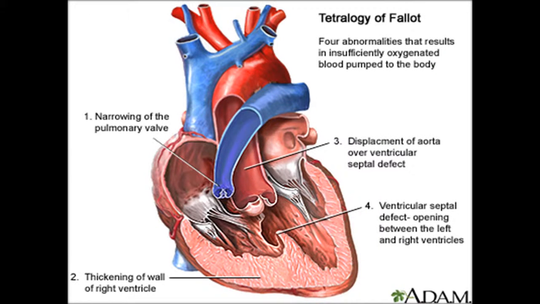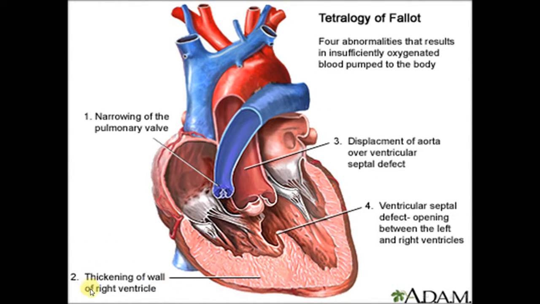The four constituent features of Tetralogy of Fallot: firstly, we have narrowing or stenosis of the pulmonary valve. As we know, in the normal heart the pulmonary artery exits the right ventricle, and this is the valve of the pulmonary artery, and it goes to the lung in order to perform gas exchange.